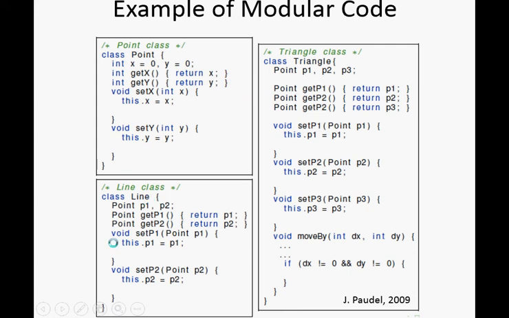And while a bit contrived, the example here posits that we have classes, we have points that can be moved. These are not immutable. And then we can request, for example, setting the points associated with a line, okay? And we can also do move by for a whole triangle, translate it by dx and dy, okay?